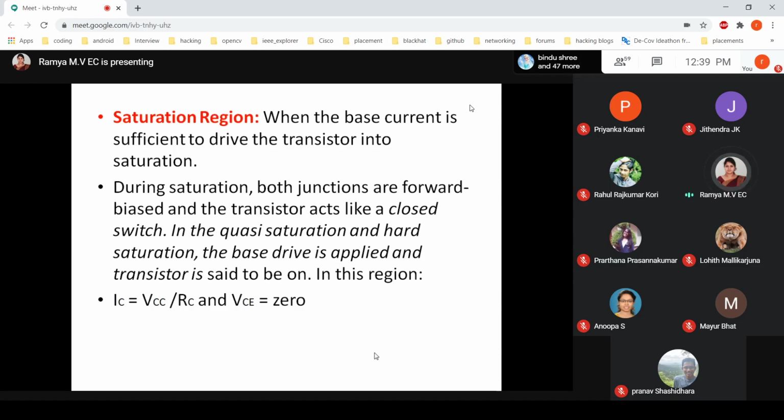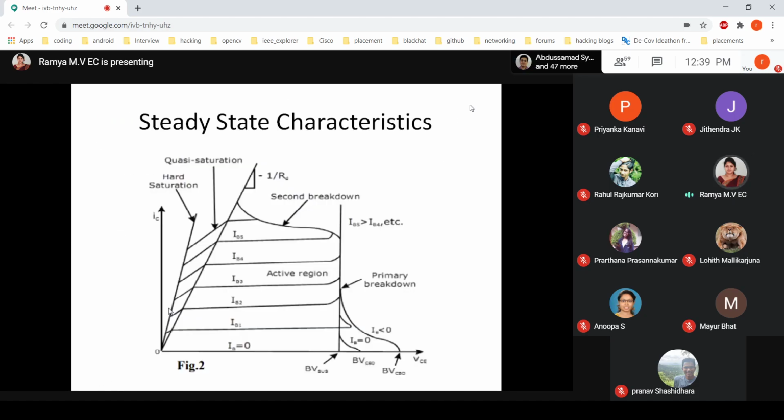In quasi saturation and hard saturation, the base drive is applied and the transistor is said to be on. In this case, look at this, VCE is equal to 0, IC is equal to VCC divided by RC. We want to mark that over here. To draw the DC load line, on the y-axis I need a point B. I have already got point A, which is VCE equal to VCC.